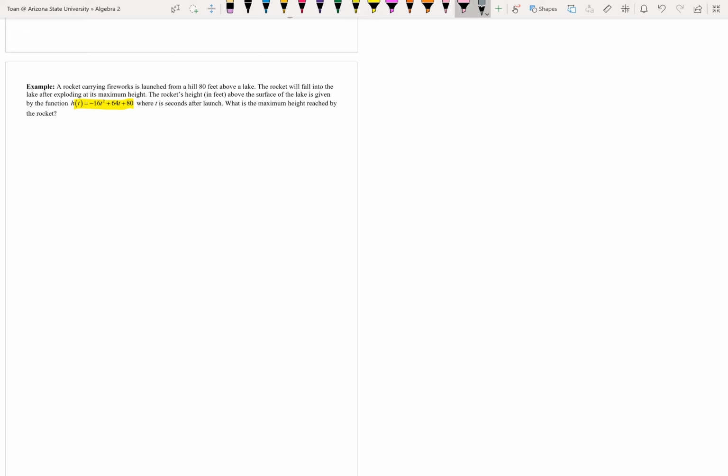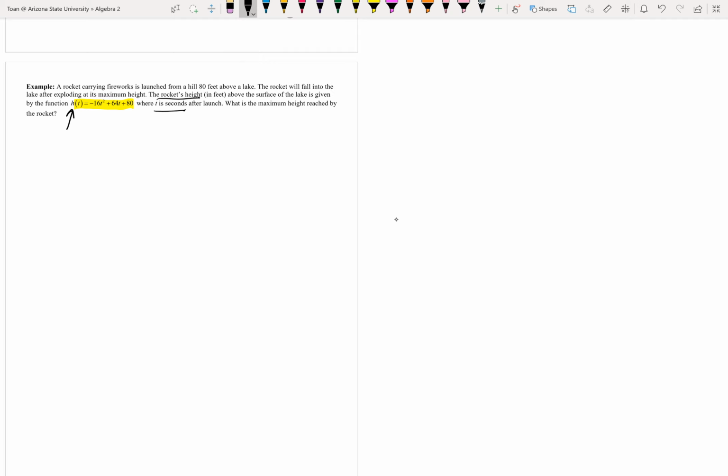What is the maximum? There's the key word there. What is the maximum height reached by the rocket? So before I even do any thinking, the fact that I read the word maximum and the fact that the equation that they gave me is a quadratic, I know this is a vertex problem. Now, what does this equation tell us? It tells us the height after t seconds.